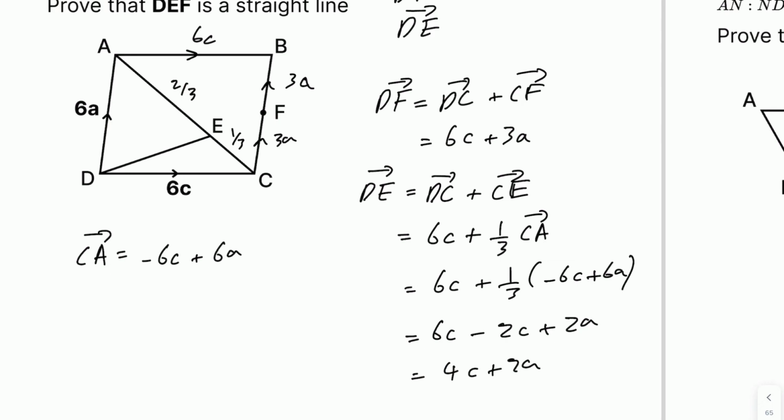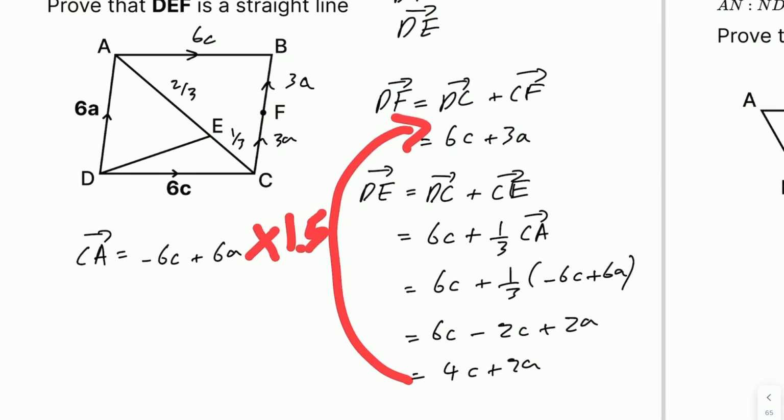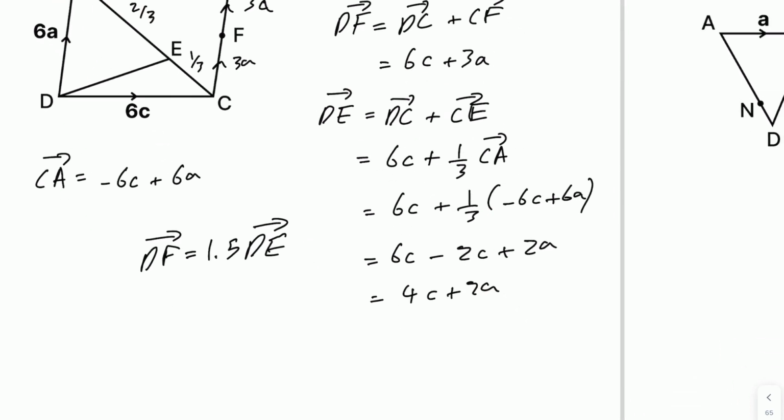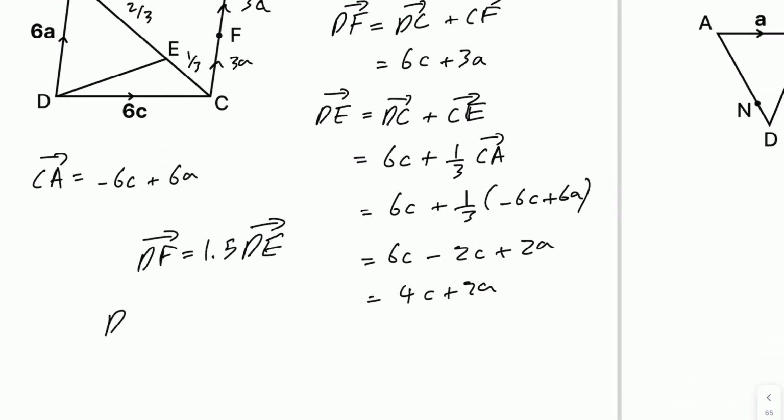And I can see that DF and DE are multiples of each other, because to go from here to here, I just need to multiply it by 1.5. So what I can say is that DF is 1.5 DE. So I've proved that they're multiples of each other. So then I would write that DF is a multiple of DE.